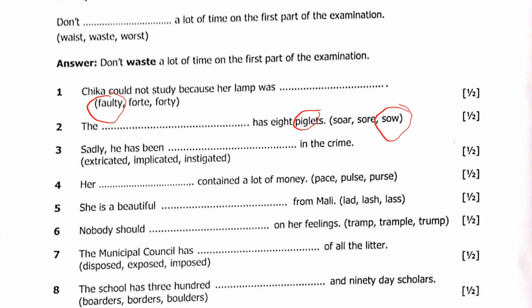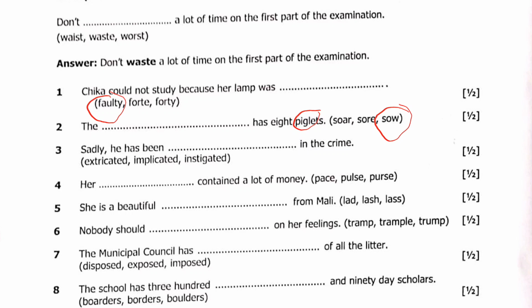Number 3. Sadly, he has been dash in the crime. A, extricated. B, implicated. And C, instigated in the crime. Which one is the correct answer?